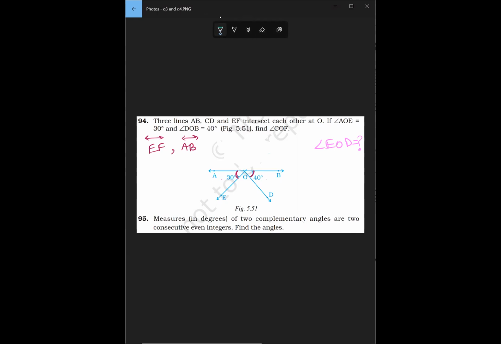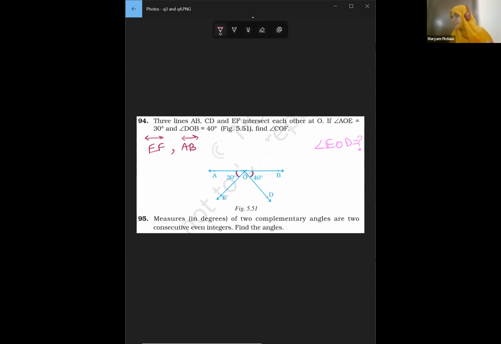Hiba, it's not clear for me. Can you again mark down the angles? Okay, I would suggest you zoom in your screen. This is 30 degrees. This is 40 degrees.